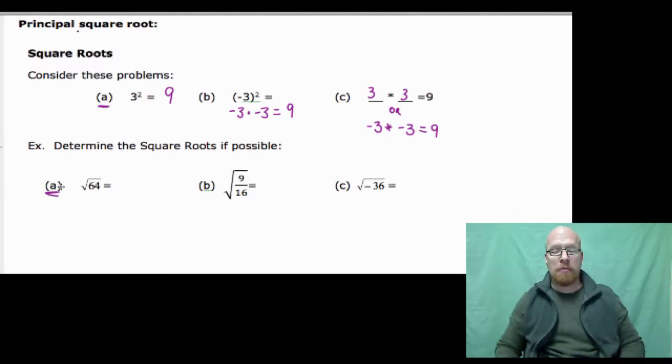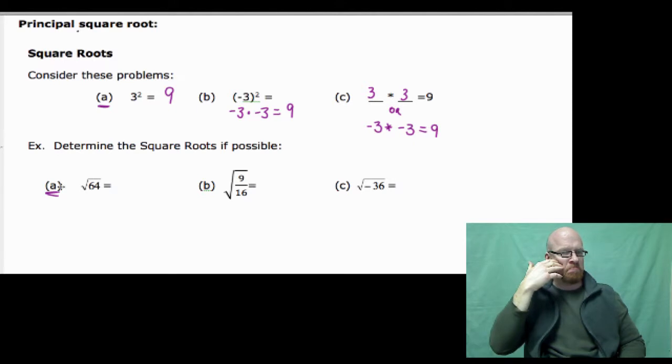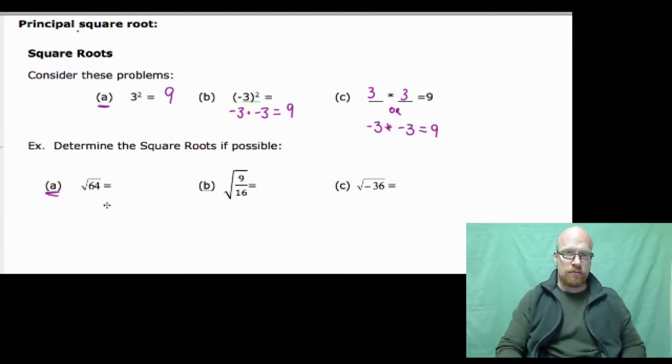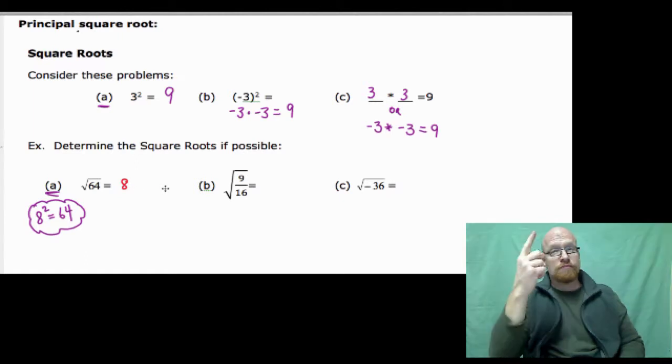So 64, I'm aware that 64 is actually 8 squared. So then the square root is 8.